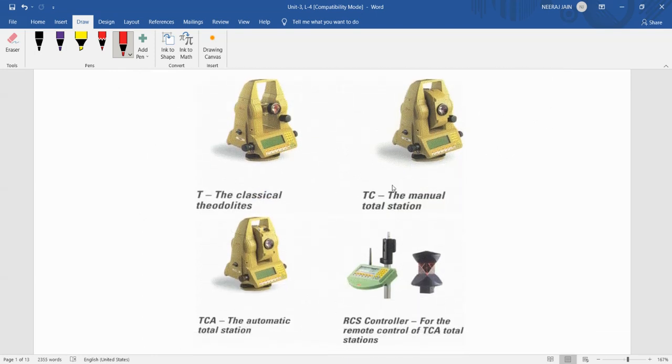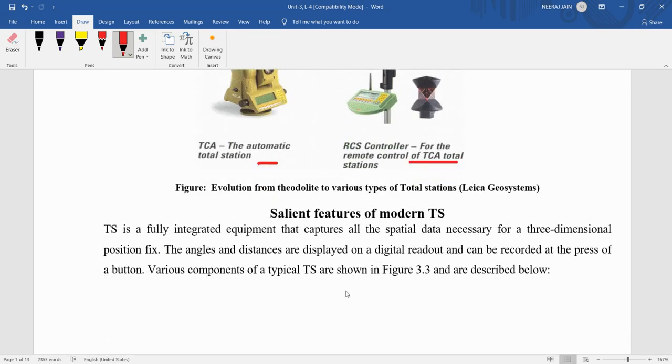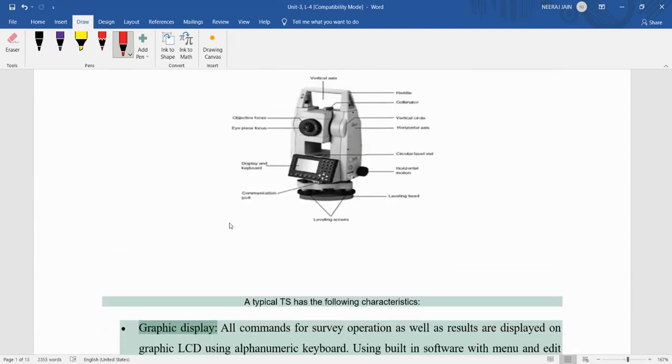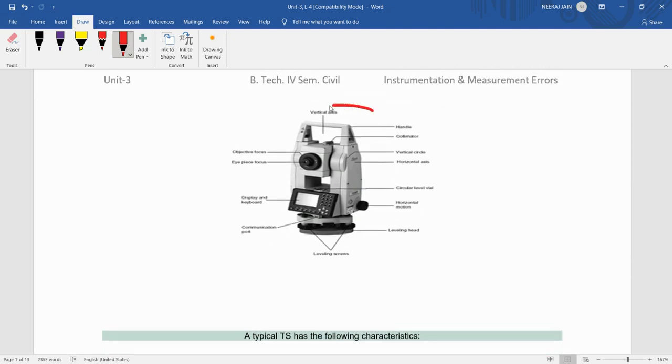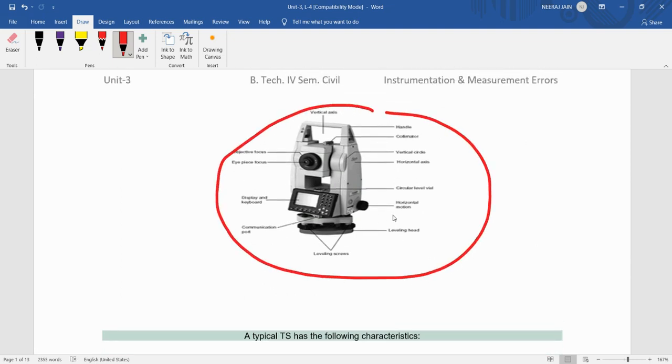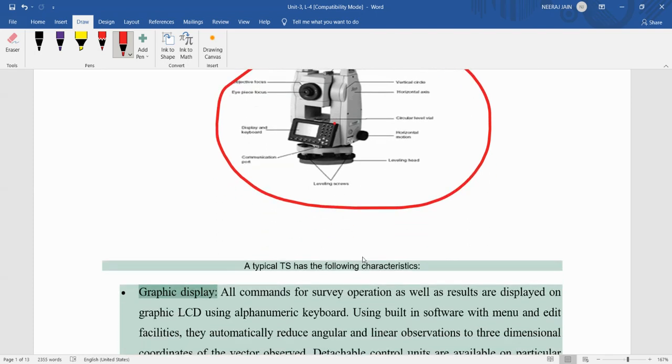So these are some diagrams of the classical theodolite, manual, automatic, and total station type, and an RCS controller for the remote control of the TCA, total theodolite. So there can be several types and models of theodolites. Salient features of the modern TS: in this total station diagram, we can see the different parts mentioned here.